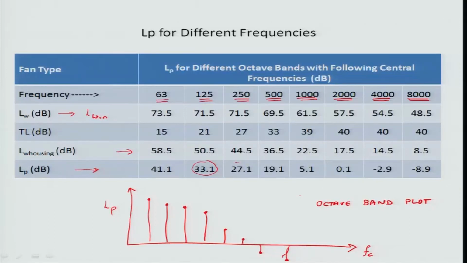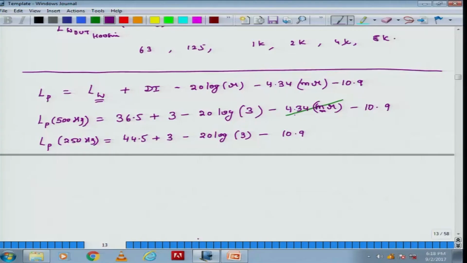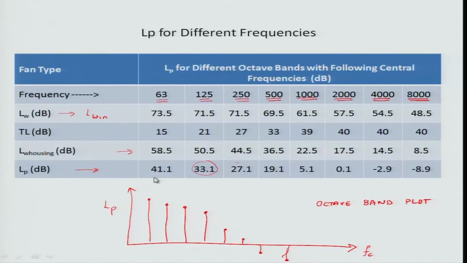The way we do that, and we have also discussed this earlier, is we add them up, but it's a little different from simply adding them. So this is frequency specific sound pressure level.